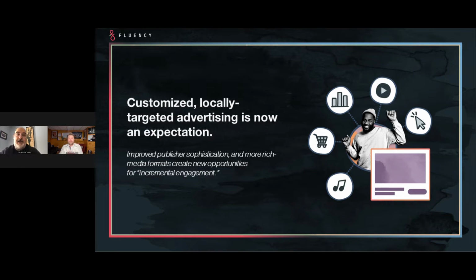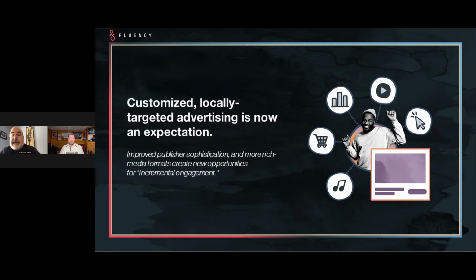And when you hear the word new complexity, really that could mean new opportunity for you. I think that one of the things that we're seeing here is consumers are expecting locally targeted advertising and consistent messaging throughout what we would traditionally consider that purchase funnel.